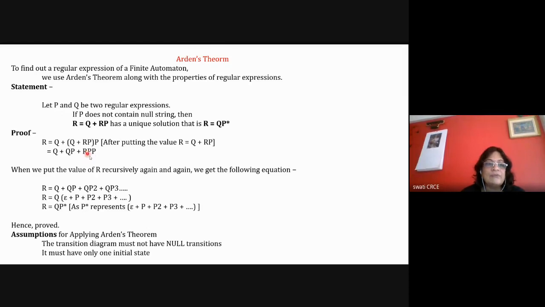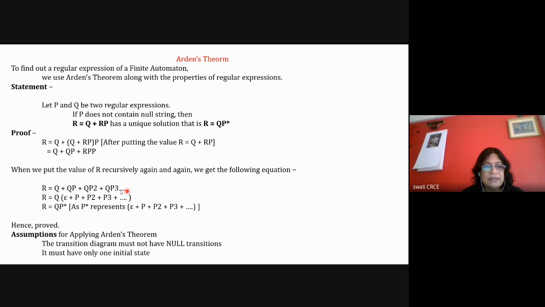Again, for this R, if I replace it with Q plus RP and keep doing that continuously because it is a recursion, finally I get this type of strings: Q into epsilon, and if I remove Q because it appears everywhere, I get Q into epsilon plus P1 plus P2 plus P3 etc. So we can say that it is QP star.